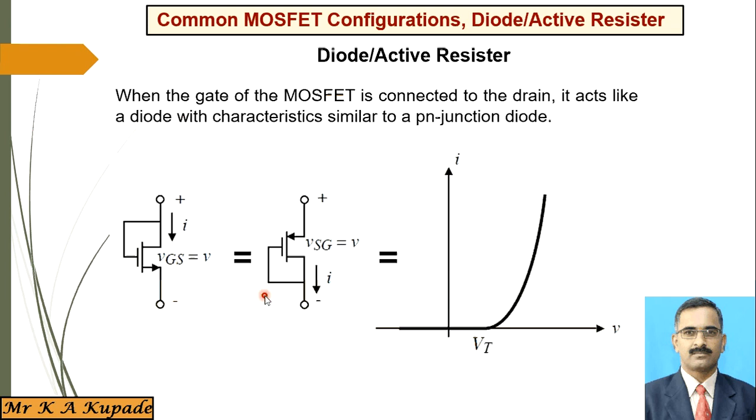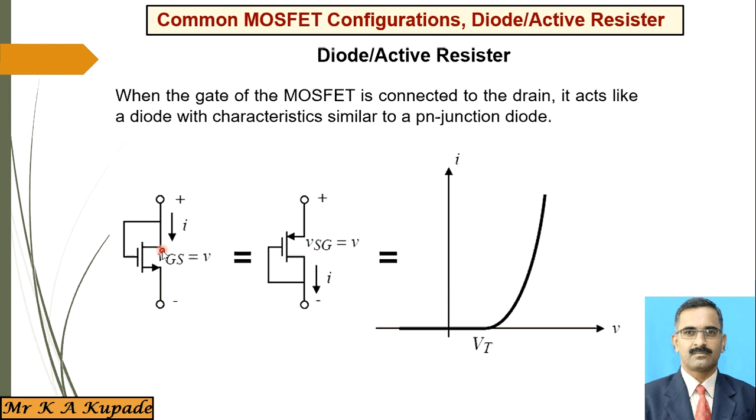Now, as we are applying the positive voltage here, the drain current I is flowing through this particular terminal. You can see that the gate terminal is provided with a sufficient voltage so that it can develop the channel, or the inversion layer.